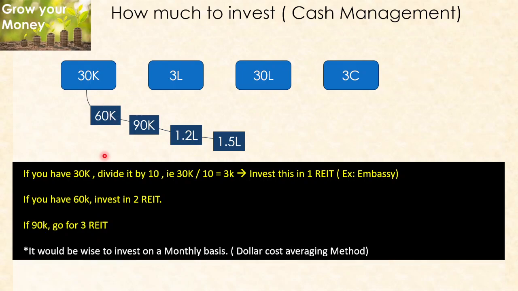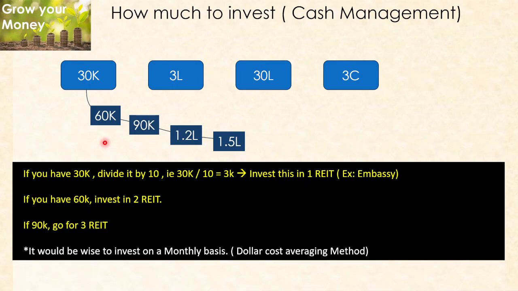So in 10 parts you are going to buy. The reason it is 10 parts is that at the end of the 10th part or before that, whatever you would have invested will reach a point of 6% profit, and then you can come out of it. So if you have 60,000, you can look at buying two stocks or two REITs.